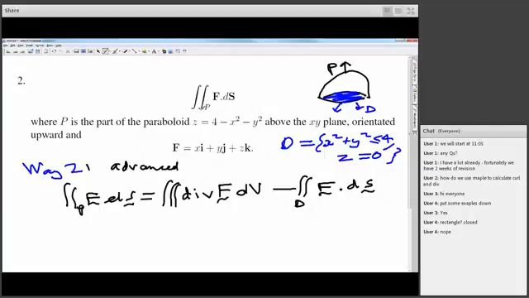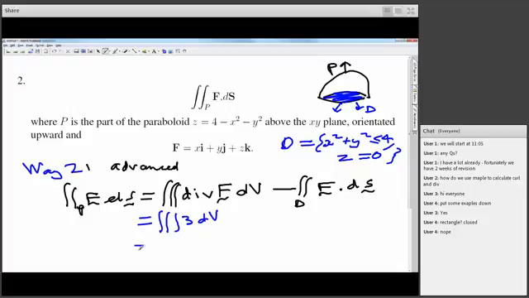So if you want to think of how you do these, let's just talk about how you do the various parts. For the first one, you do the divergence, you end up getting 3. And you might be tempted to pull the 3 out and go, oh, that's just 3 times the volume of the paraboloid. Unfortunately, it's not a nice geometric object. I'm not sure if you know what the volume of a paraboloid actually is, and you're going to have to do that directly.